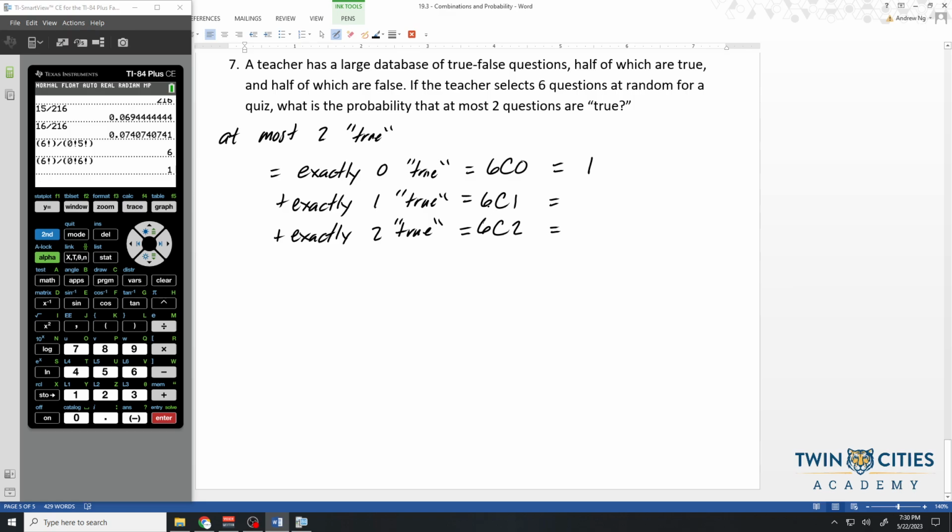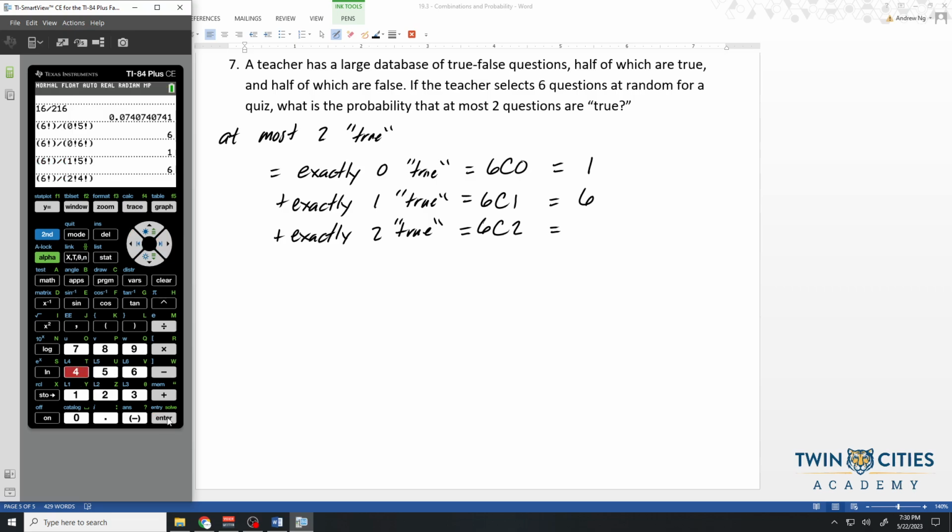Okay, now 6C1. We got 1 here and then a 5 there. This is 6 ways to choose one of them to be true. And let's do a 2 there, and a 4 here.